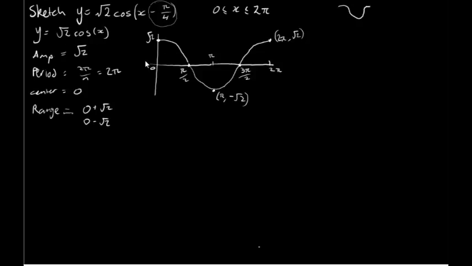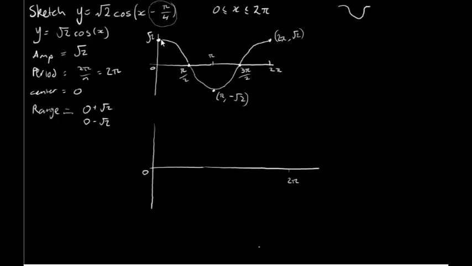Now we can use this to sketch this one. So underneath, I will draw that, 0 to 2 pi. Now, essentially what this does is move the graph either left or right. Because it's negative, we're going to have a translation to the right.